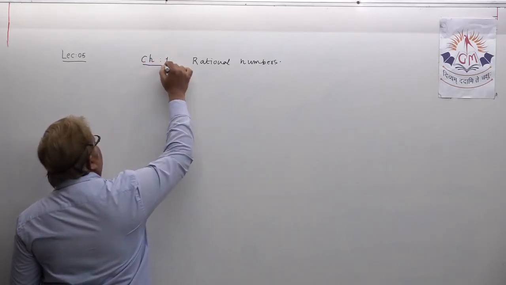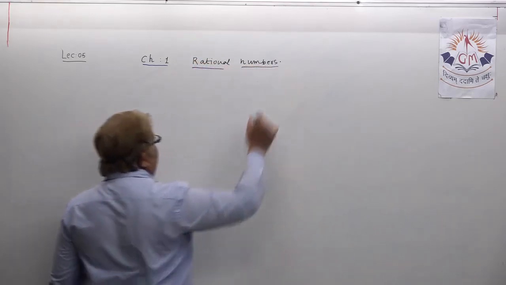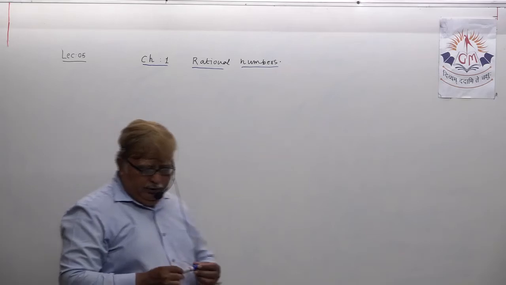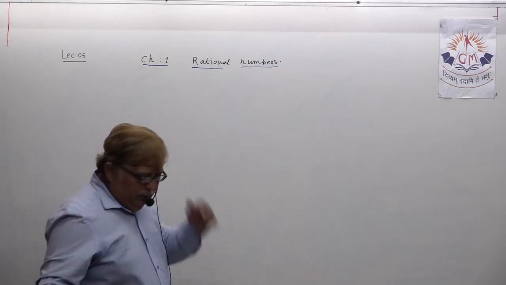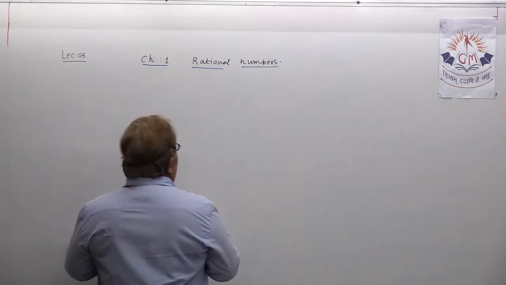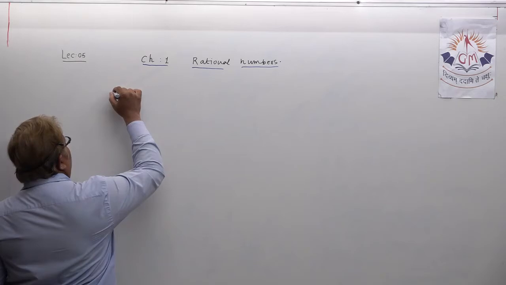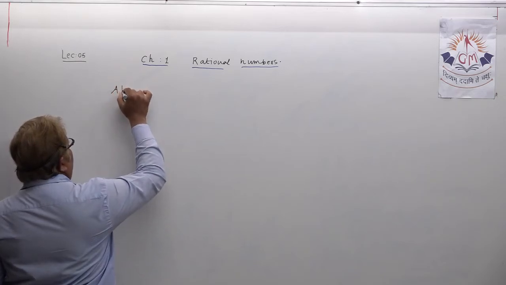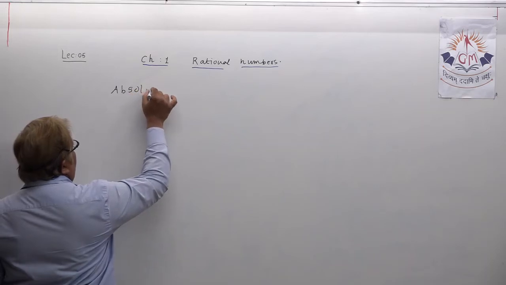Chapter 1, rational number. We will try to understand first what is actually the meaning of absolute value. This is what you need to understand first today.